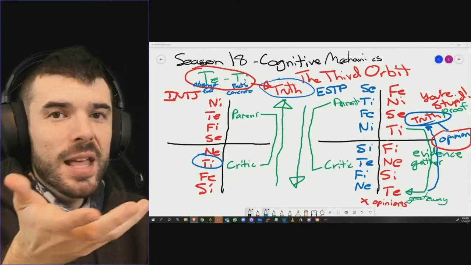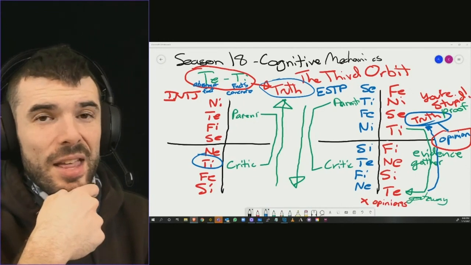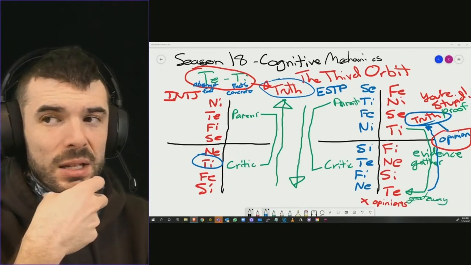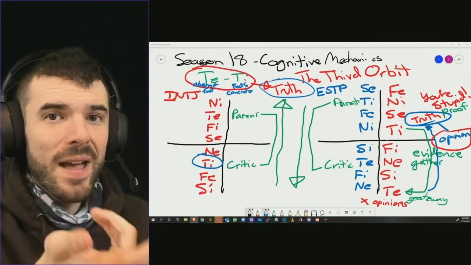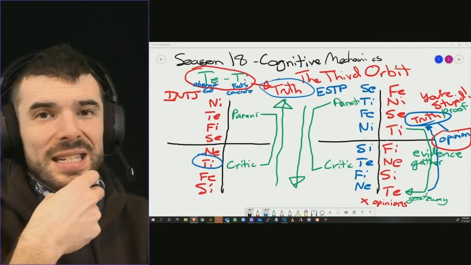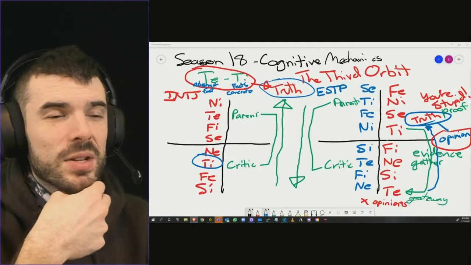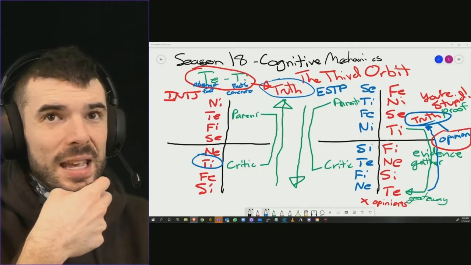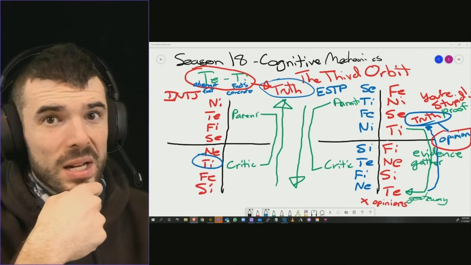It's no different than, say, for example, an INTJ or an ISTJ. They get stuck gathering evidence to come to a true conclusion, and sometimes they've already gathered enough evidence, but for some reason they doubt that they have enough, and they keep gathering more and more evidence, and then they get stuck in gathering the evidence, and they're not willing to accept that what they already know is true.